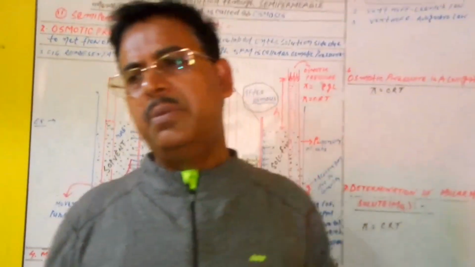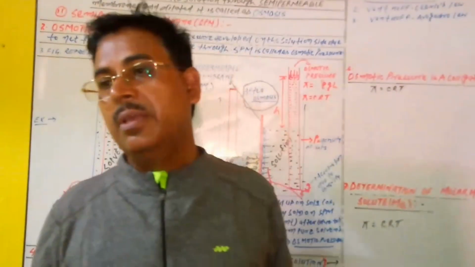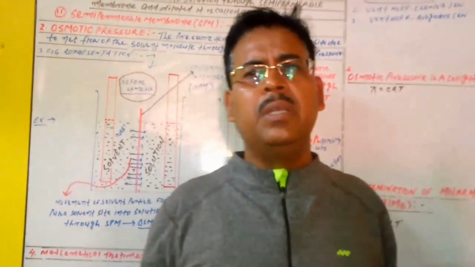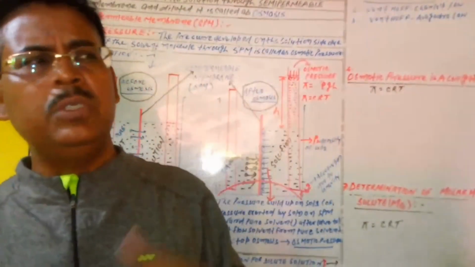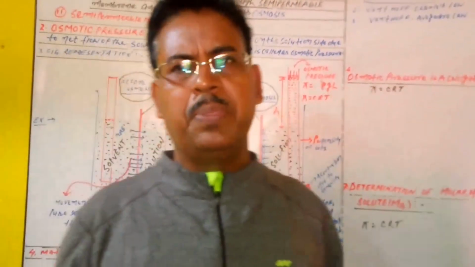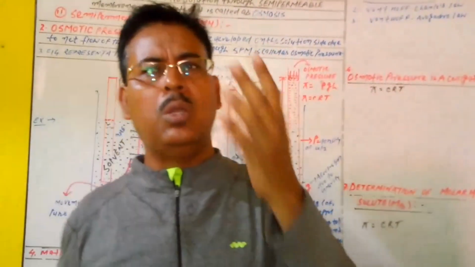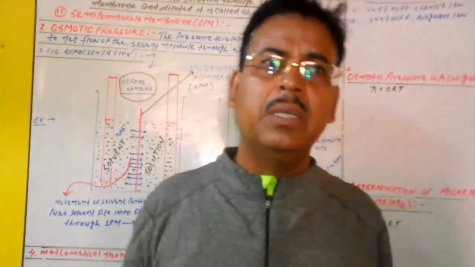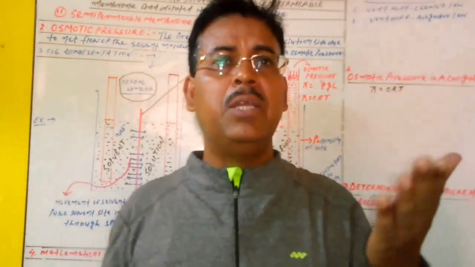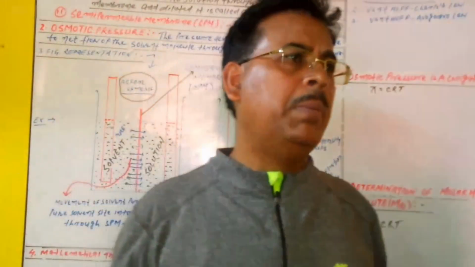Before the definition of osmosis, listen carefully. One term must have been studied in class 11, that is diffusion. Osmosis is also a type of diffusion, but with some changes. When two solutions, one more concentrated and another less concentrated, are separated by a thin membrane, that thin membrane is given the name semi-permeable membrane.